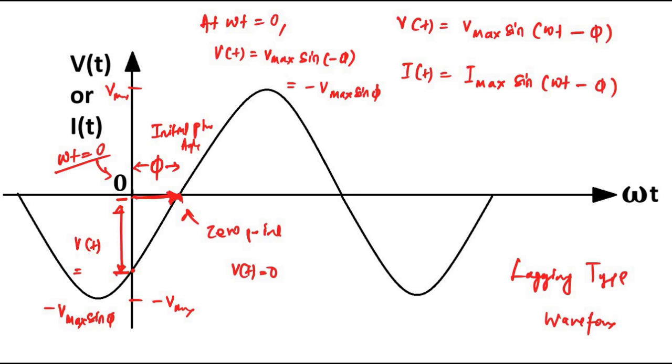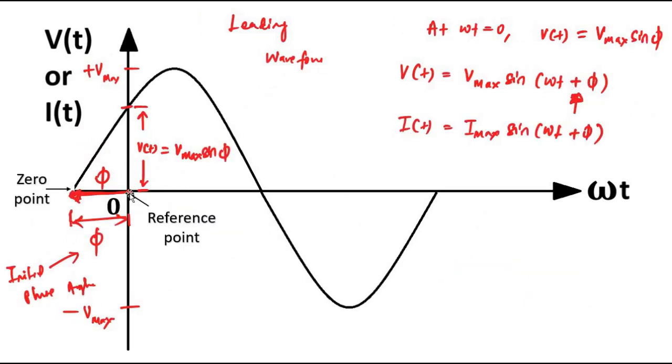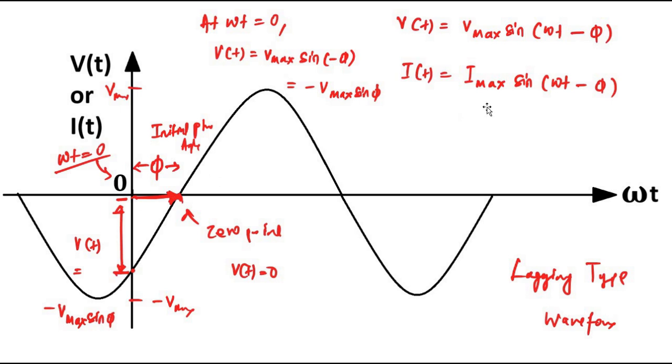So in the leading case, the initial value at the origin is positive, plus Vmax sine phi. That's why it is towards the upper side on the magnitude axis at omega t equal to 0. In the lagging case, at omega t equal to 0 it is minus Vmax sine phi, because sine of minus phi is minus sine phi, so it is negative.